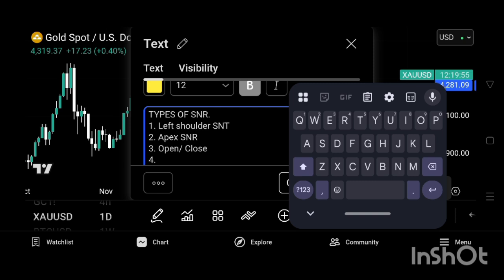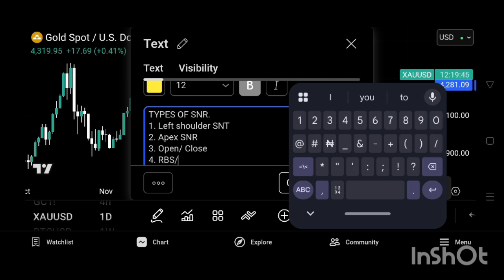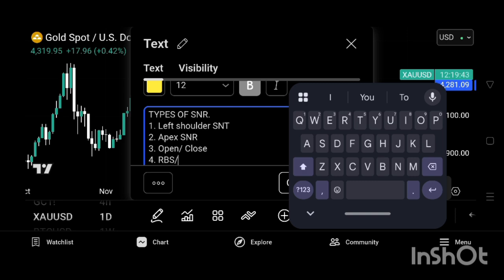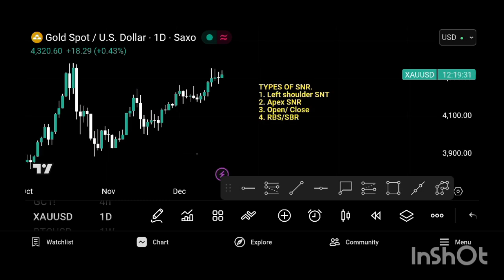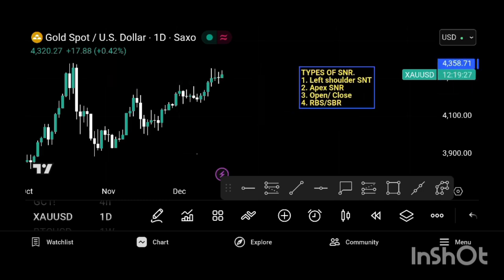Now the final type of SNR that we have is what we call the RBS and the SBR. So RBS stands for resistance breaks become support, and SBR stands for support break becomes resistance. Yeah, so these are the four types of SNR that we have.